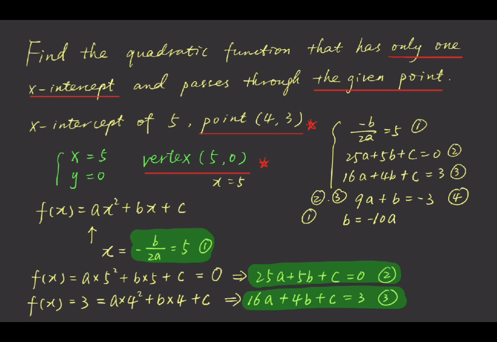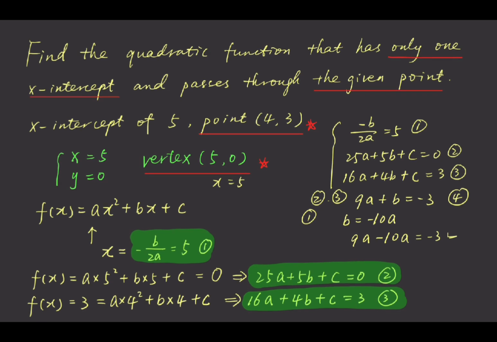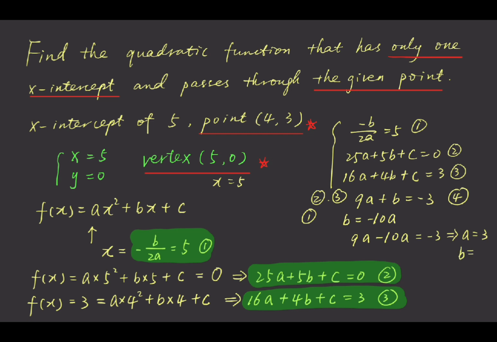We use this one to replace b. So we get 9a minus 10a equals negative 3. So we get a equals 3. So b equals negative 30.